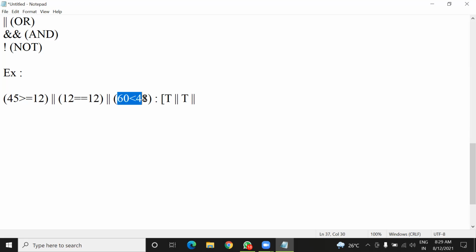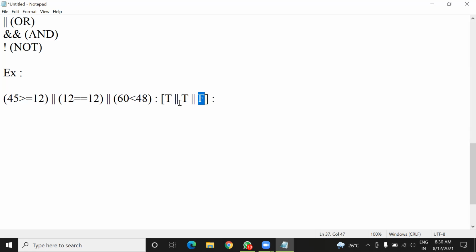Now what about this third? It is false. So here you can see in the result that we have two true values and one false value, and all these values are combined using the OR operator. So what will be the final result?